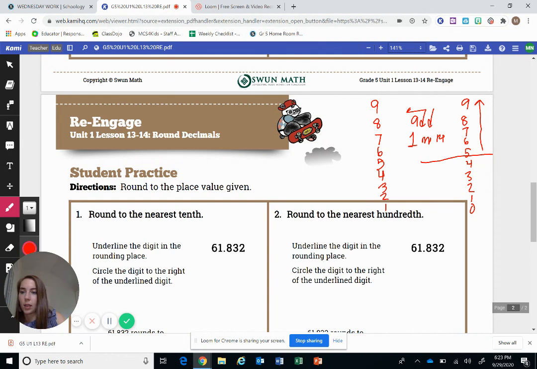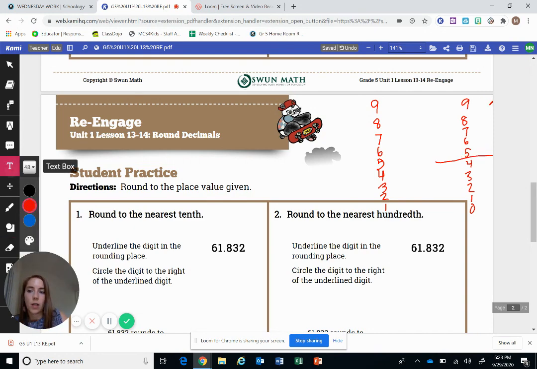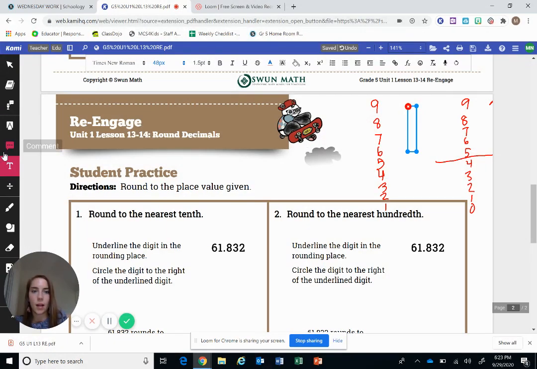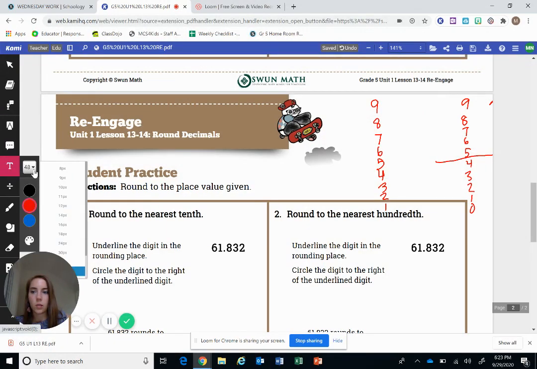Well, that doesn't look very good. 5 or more, add 1 more. 4 or below, stays the same. I'll try to type that. I'm not sure why this is being so glitchy. And that font is way too big, so sorry about that.